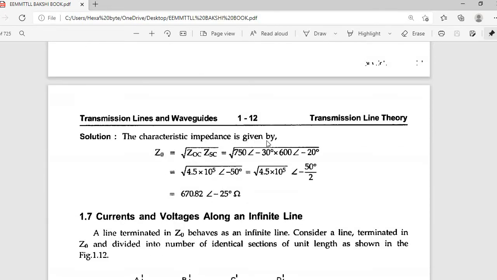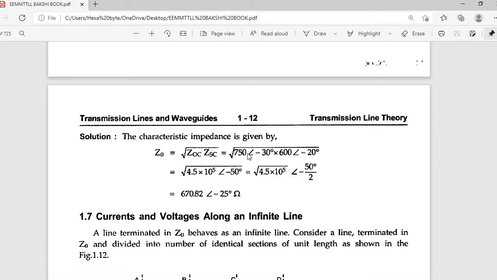The characteristic impedance is given by Z0 is equal to square root of ZOC into ZSC.